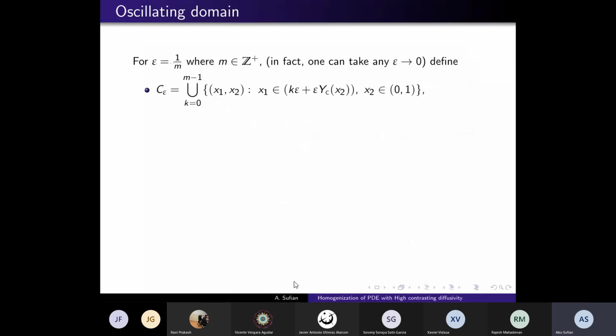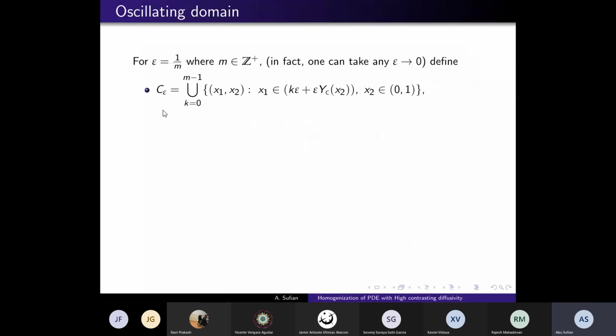Now we'll define our oscillating domain. For each epsilon equal to 1/m, where m belongs to Z plus. Again, one can take any sequence with epsilon tending to 0, but for simplicity we are taking epsilon equal to 1/m. We denote by C epsilon the union of all conductive parts at each epsilon level.